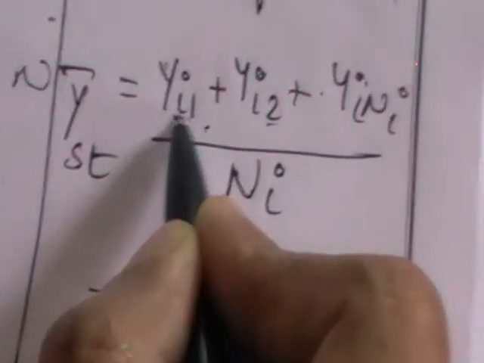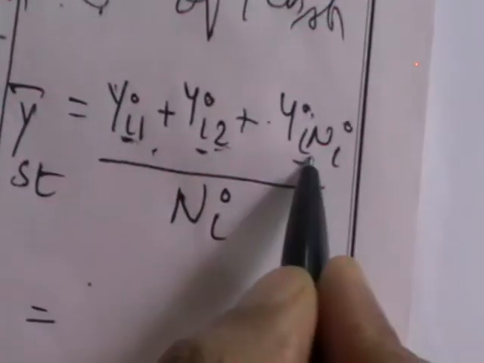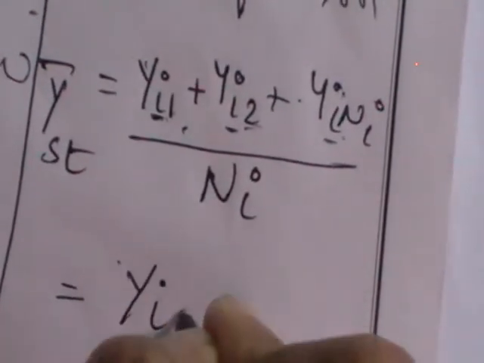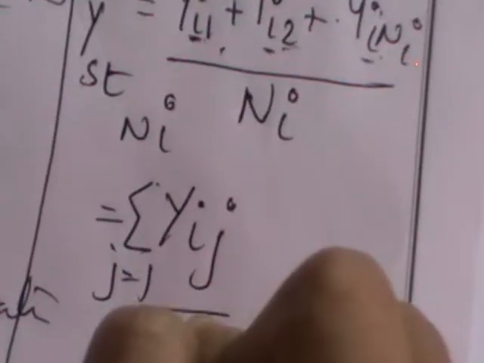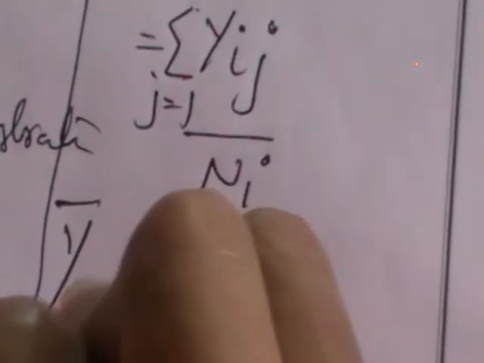If you observe, the first suffix is same and the second suffix is changing. For the changing one let us put j, so j is equal to 1 to Ni. Y bar i is equal to 1 by Ni, sigma j equal to 1 to Ni of Yij. This is the ith stratum mean.